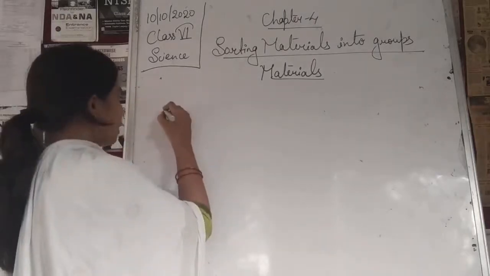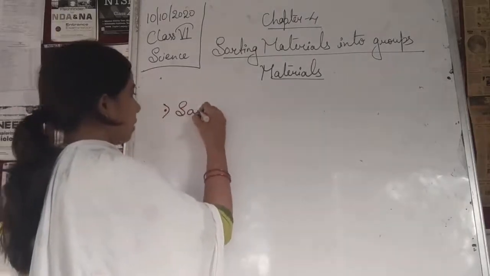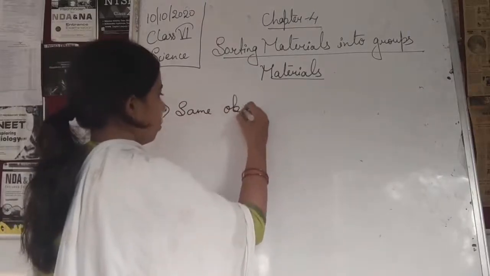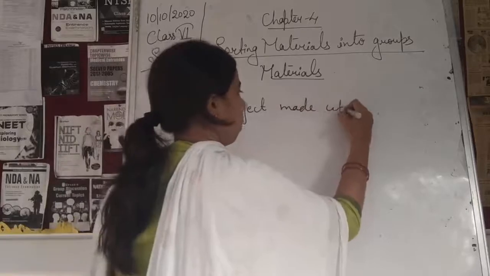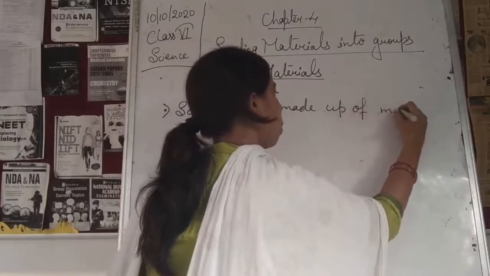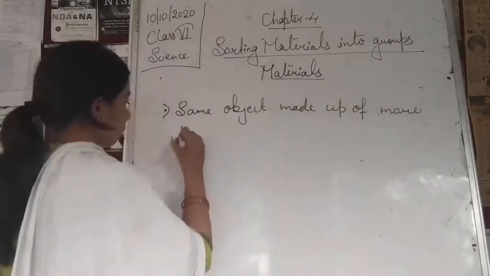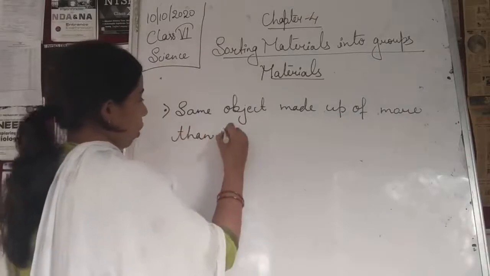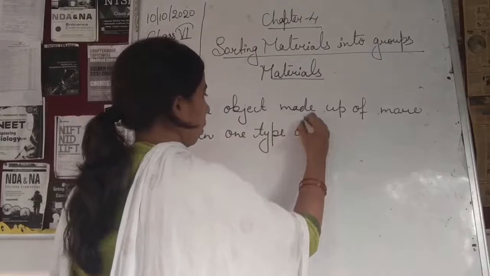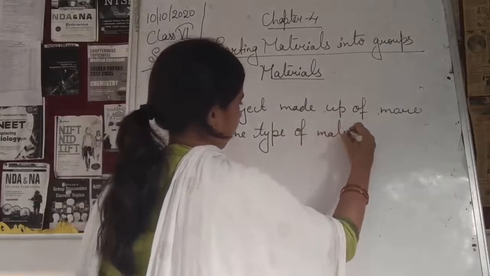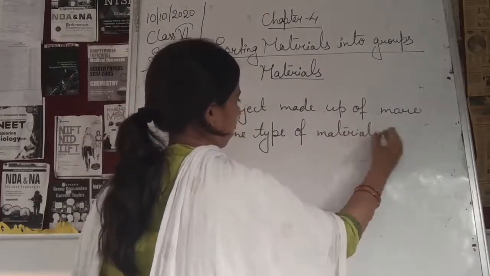Okay, so the same object, we can say, can be made up of more than one type of materials.